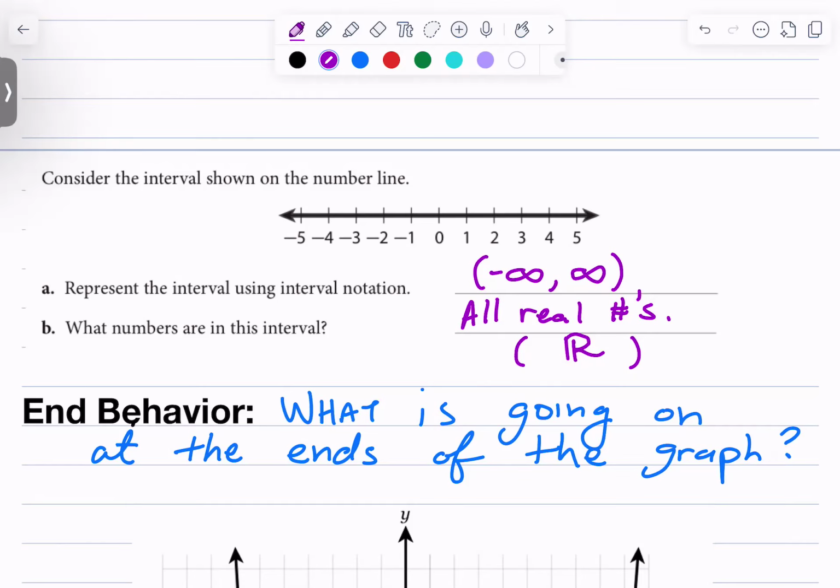But what this idea is, the end behavior, is what's going on when I am here or when I am here. When I am here at age 0 or when I am here at age 120. What's going on with my graph or where is my graph going? That's end behavior.